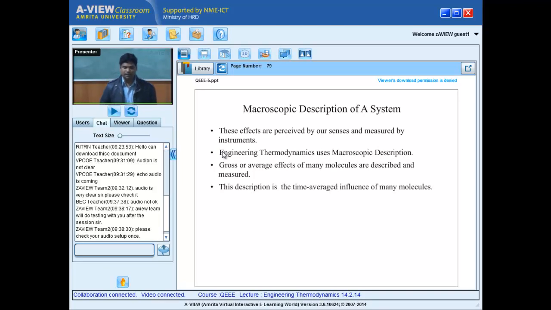This description is the time-averaged influence of many molecules together, giving some impact to your fingers. Based on that, you say this is this much hot or this much cold. Engineering thermodynamics depends upon a virtual description. There is no truth in a degree of hotness.